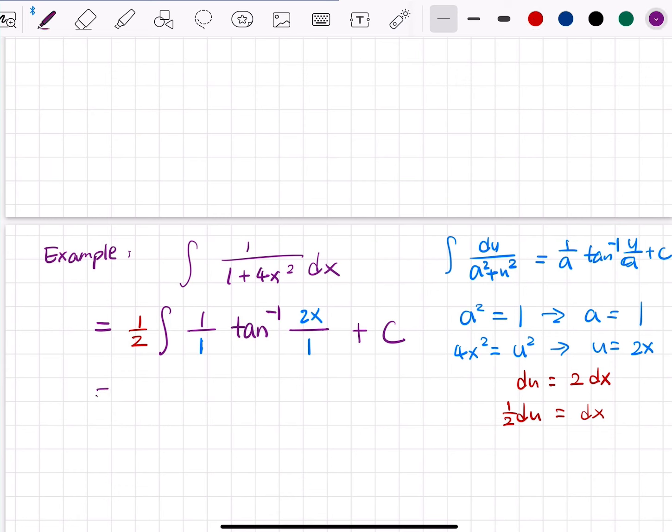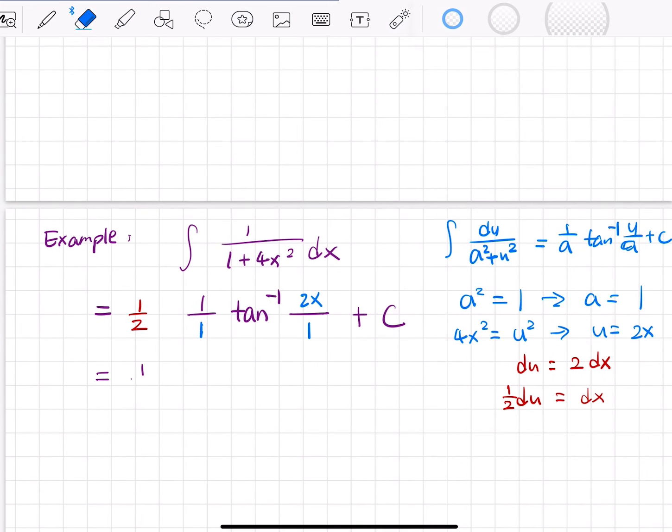Then combining everything, oh sorry, I shouldn't have the integral sign anymore. Then we got 1/2 times 1/1, which is just 1, tangent inverse of 2x plus c.